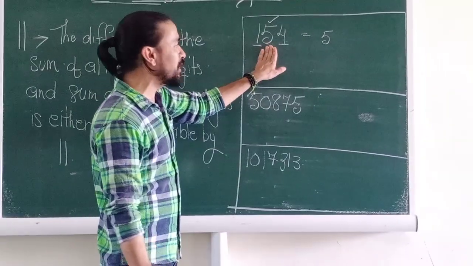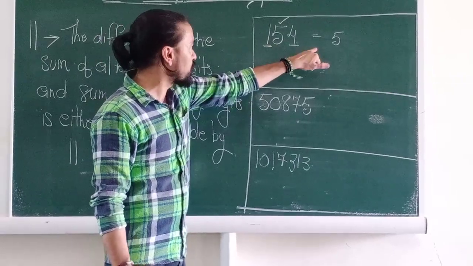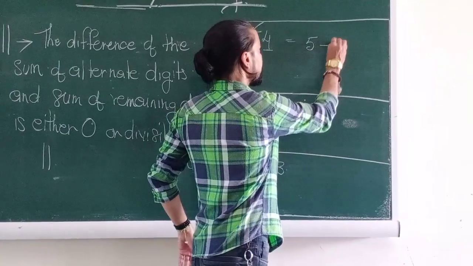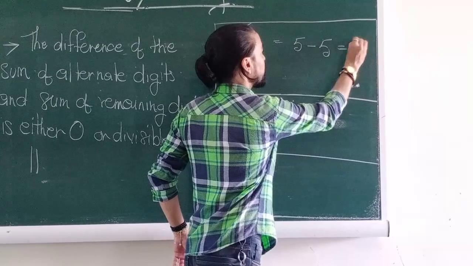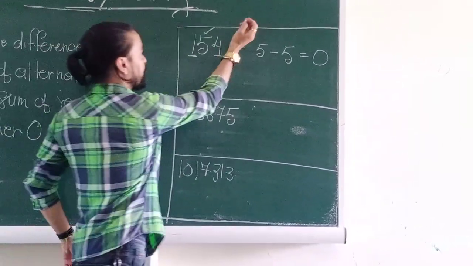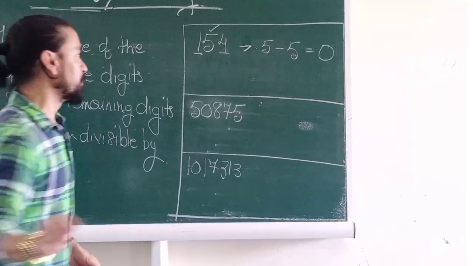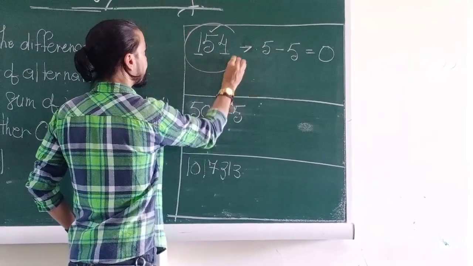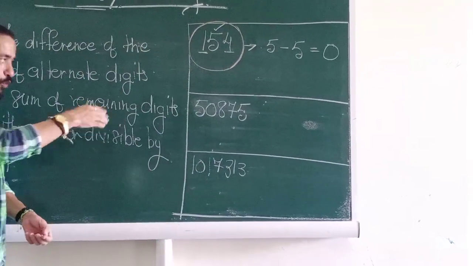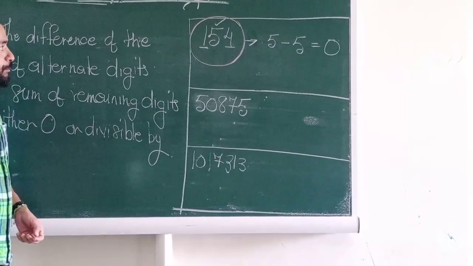But here I have only 5 left. So 1 and 4 is 5. 5 minus 5 gives me 0. Therefore, this number is divisible by 11. Don't get worried, when we do 2 more examples, you'll understand it better.